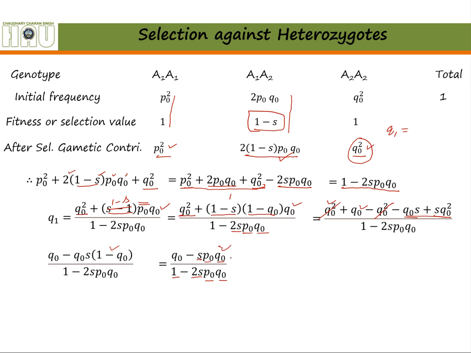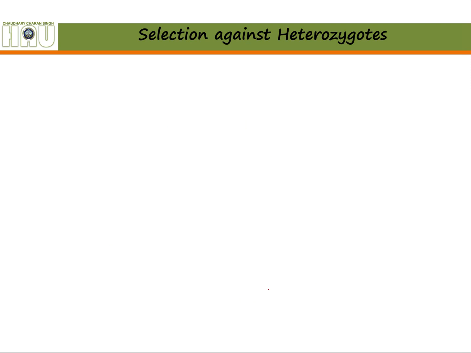So if I take Q0 common from this, it becomes Q0 (1 minus S P0) divided by 1 minus twice S P0Q0. And finally, we will get Q1 as Q0 (1 minus S P0) divided by 1 minus 2S P0Q0.